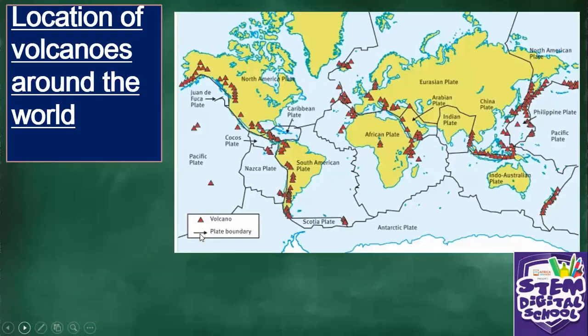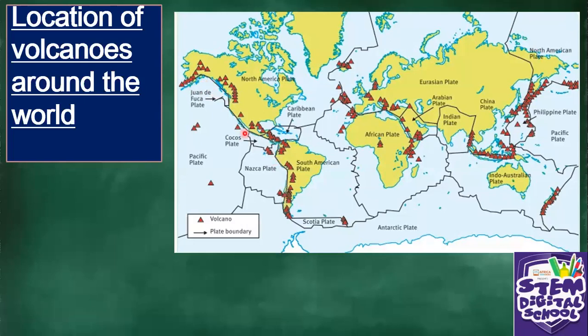Okay, let's move on. Let's look at the location of volcanoes around the world. So this map is showing where most volcanoes occur around the world. Can you see, is it clear, the picture? Okay, so these are brown triangles. They are showing where we find the most volcanoes. You can see here in this part of North America, stretching down here to South America, this part of South America.